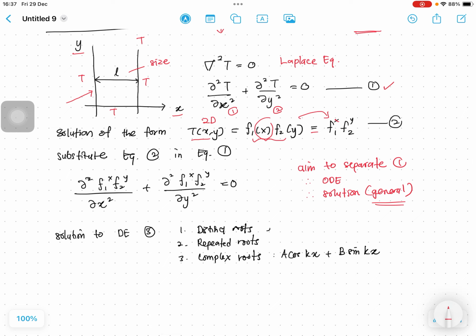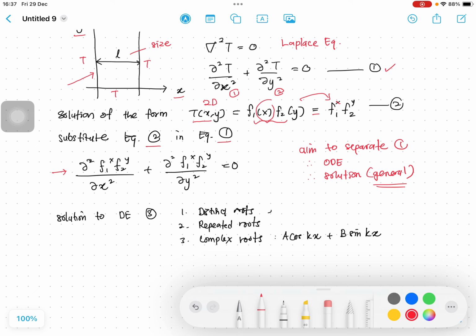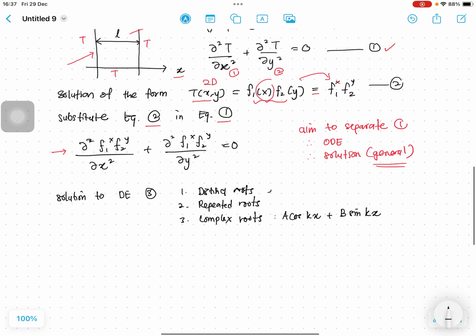Now let's move on. You substitute equation 2 into equation 1. So what you do is substitute T with f1(x) and f2(y). Just substitute like this, and then we will analyze the following.